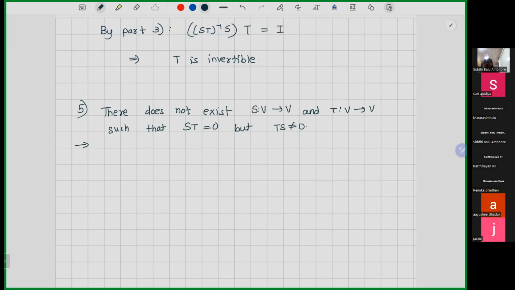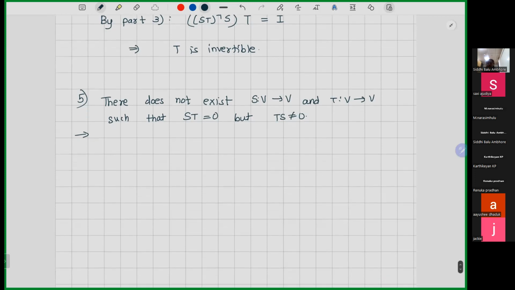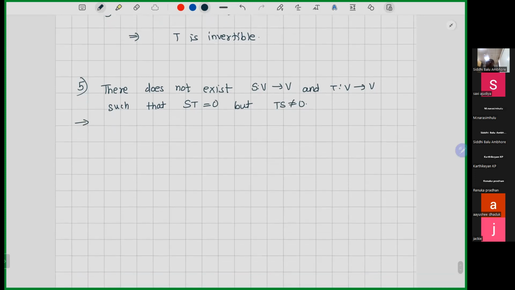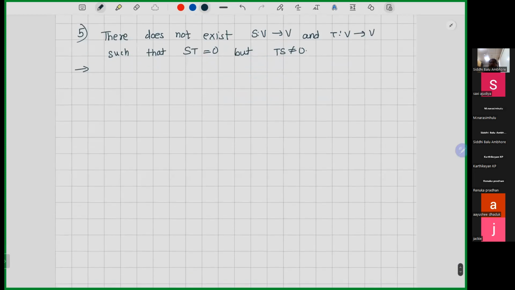If I want to prove that this does not exist, I want to show that no such S and T are possible for which ST is 0 and TS is non-zero. But if I want to say that this is not true, it is sufficient to give just one example of S and T from V to V such that ST is 0 but TS is non-zero. So what is your guess? Whether this is true or not? I mean, there exists or there does not exist. Any guesses?